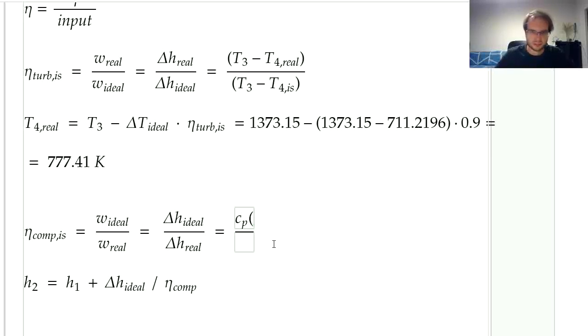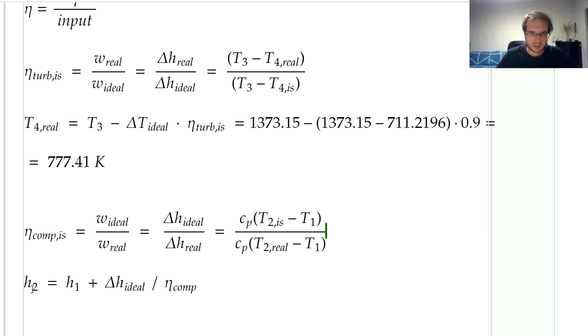So in our case, the compressor is between points 1 and 2, so it will be Cp times T2 minus T1, where the T2 is ideal or isentropic. And here we have the real difference in enthalpies, so it will be Cp times T2 real minus T1.